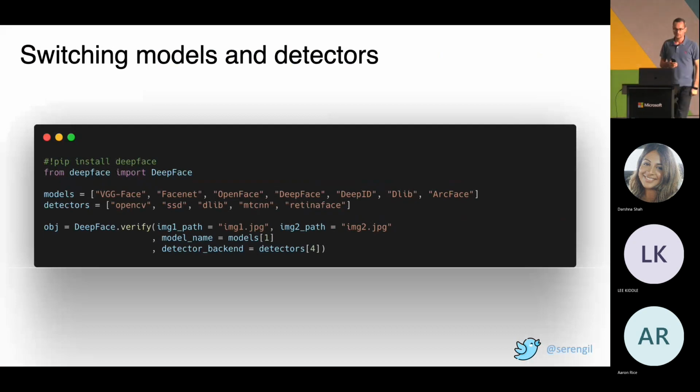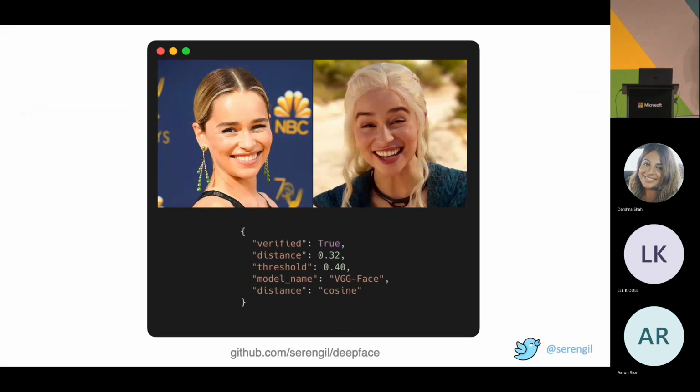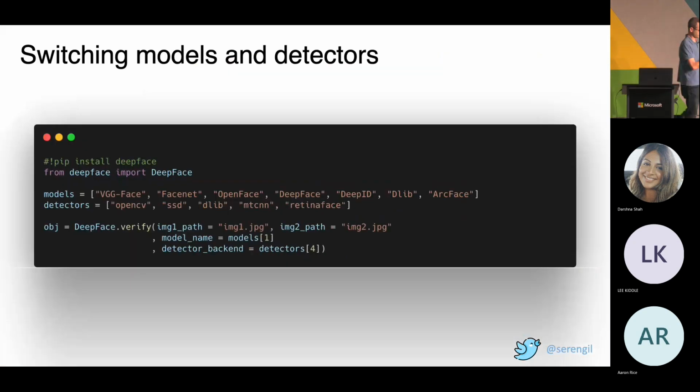And as a face detector, I'm going to use RetinaFace. Then its output will be the same. I'm going to just focus on the verified key. By the way, your case might be different. You might need to get the distance and threshold in the response and compare them if you don't like this threshold. I mean that you can customize the output in that way.